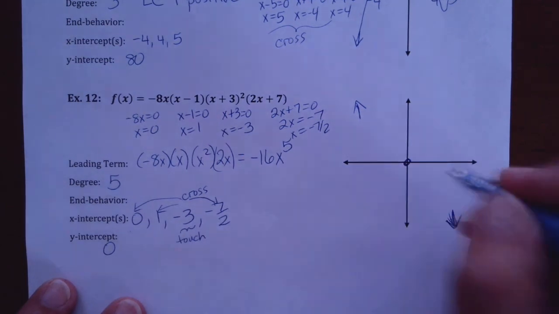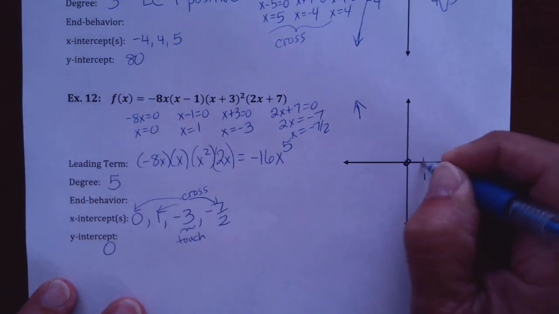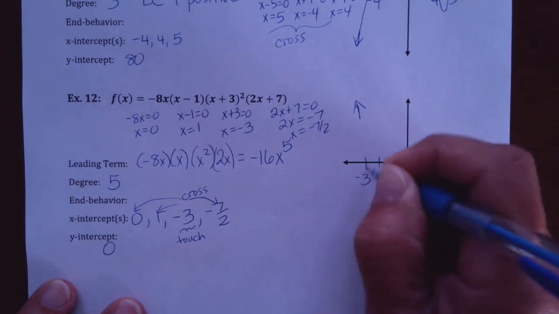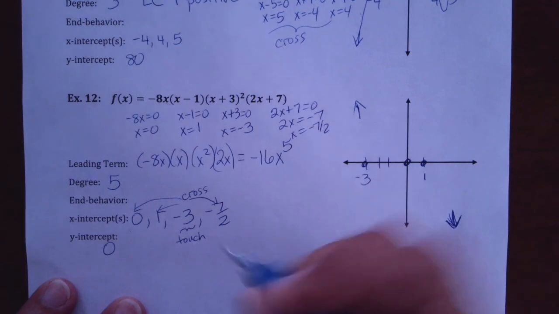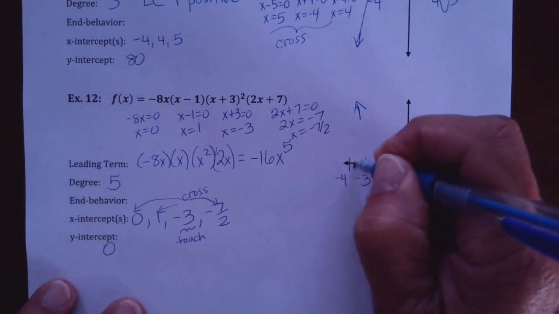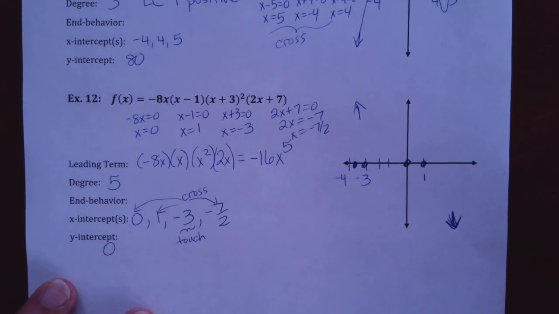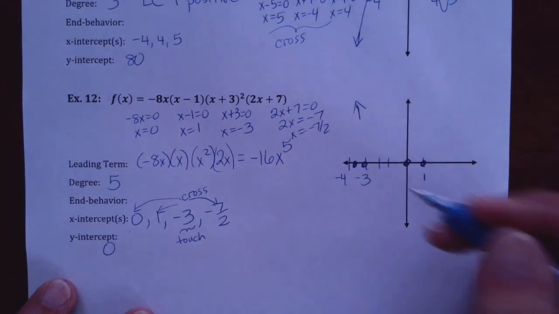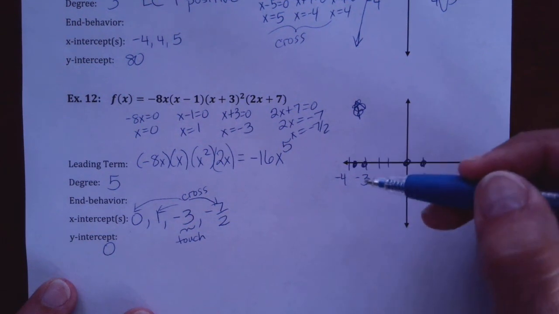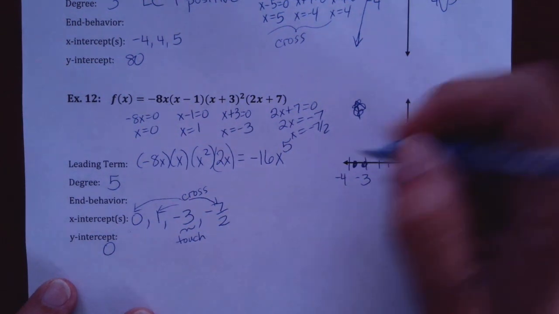I have a root at 1. I have one at negative 3. And then negative 7 halves is negative 3 1/2, so here's negative 4. So right here's another root, okay? All right, I'm going to move my arrow over. So I'm going to only touch at negative 3, and I have to start up here.